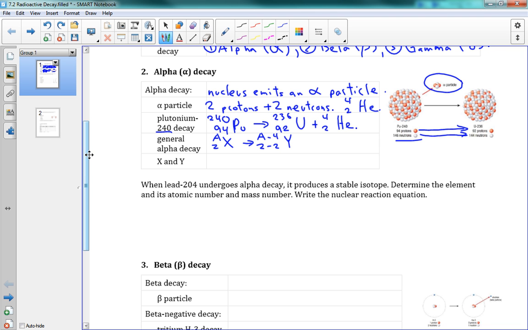It's going to give us Y, some Y element, plus our helium 2,4. This is our alpha decay. And in this equation, we call X the parent atom, and we call Y the daughter atom.